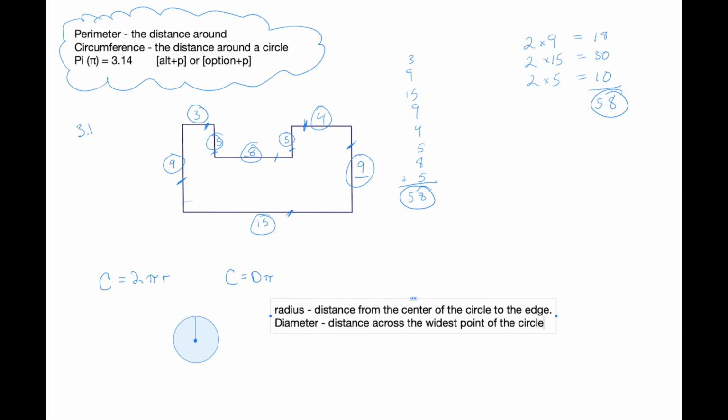And it cuts the circle exactly in half. It also happens to be 2 times the radius. And that equals the diameter.